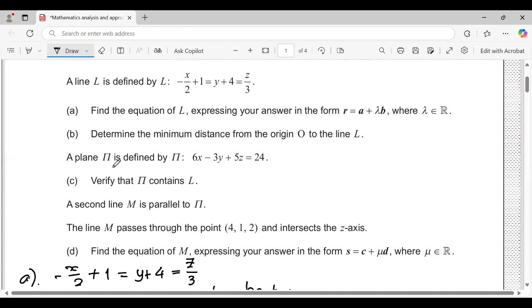A plane pi is defined by pi: 6x minus 3y plus 5z equals 24.